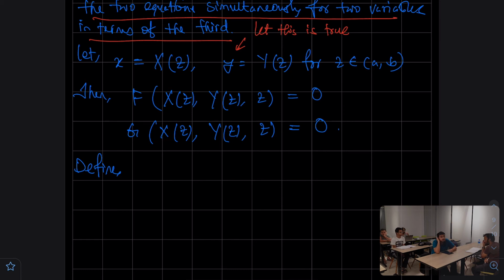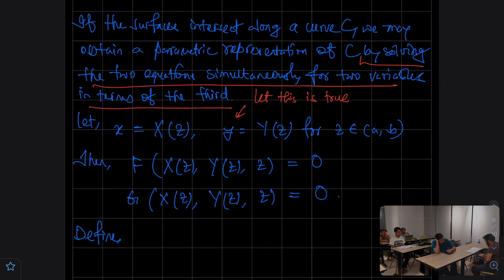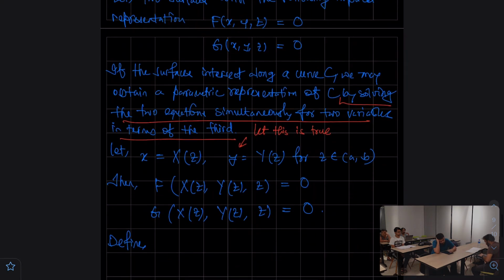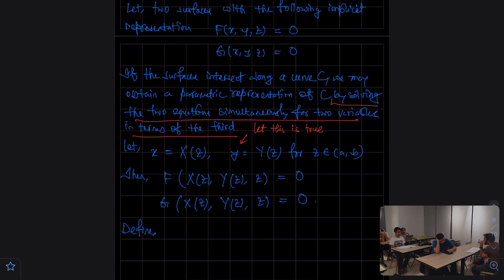Are you still doing the sphere? No, well, it can be a sphere. He has two surfaces to start. Oh, two surfaces. F is one, and G is the other. C is the intersection. We are saying we solve that to find the parametric equation for the curve.